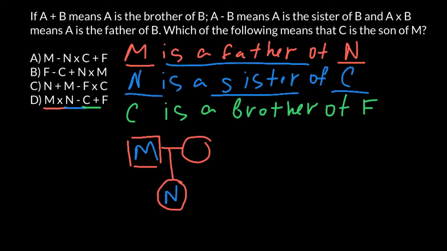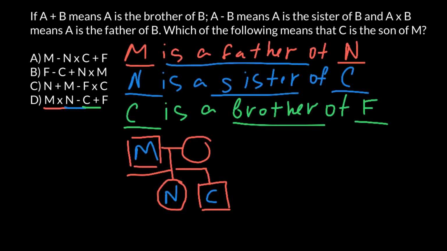Sister of C. So let's put another child here, and let's put C. We don't know the sex of C yet. In the next line, C is the brother of F, so now we know that C is male. This family should have another child, F, but the sex of F is not specified, so it can be either male or female.